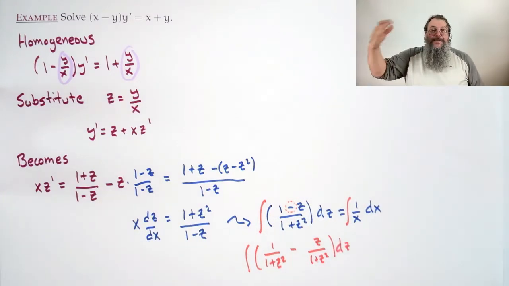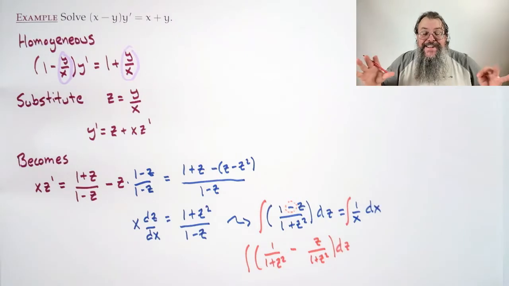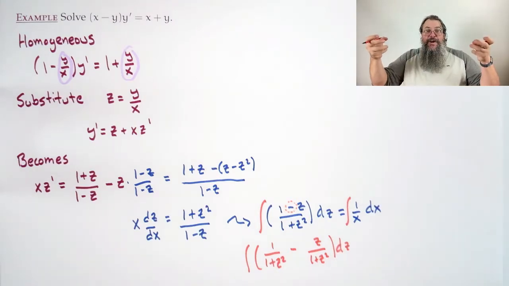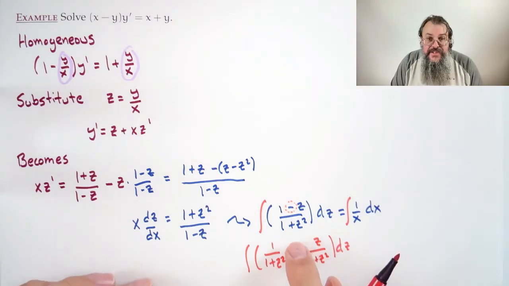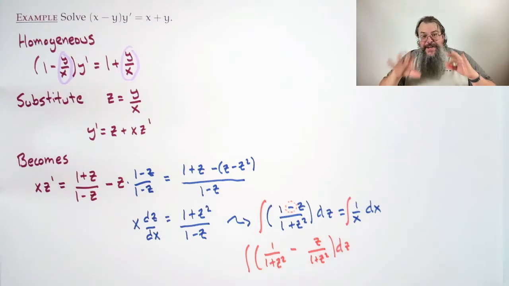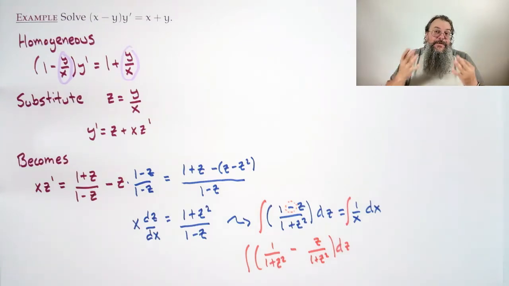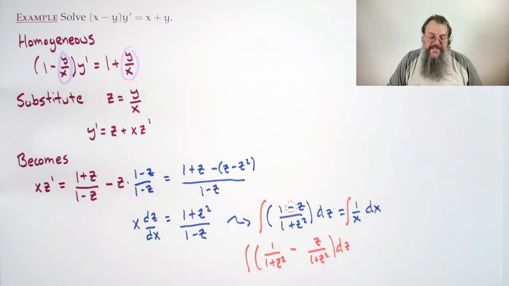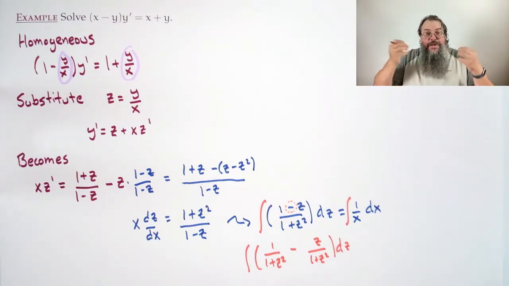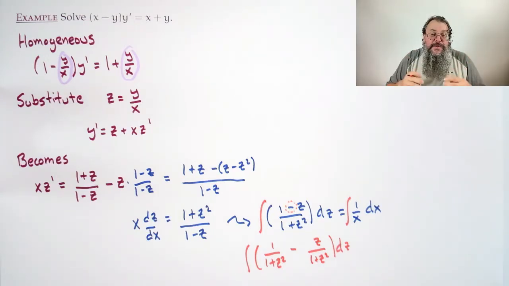So addition or subtraction upstairs, we love that because that lets us pull terms apart. Addition or subtraction downstairs, we're not so thrilled about. It requires a more delicate touch because you can't just pull it apart. You got to work a little bit, but that's okay. That's why we learn stuff, to help us.